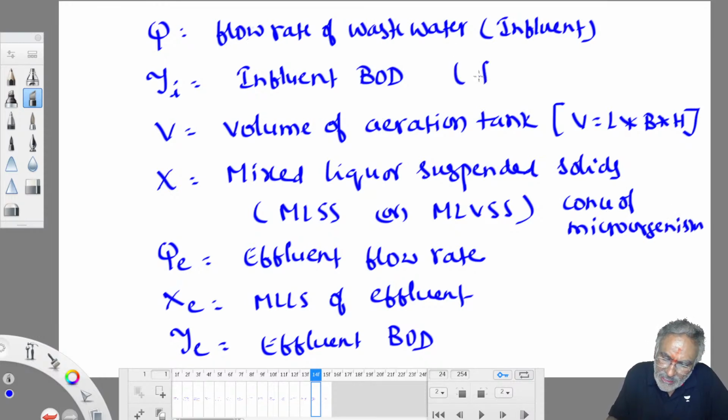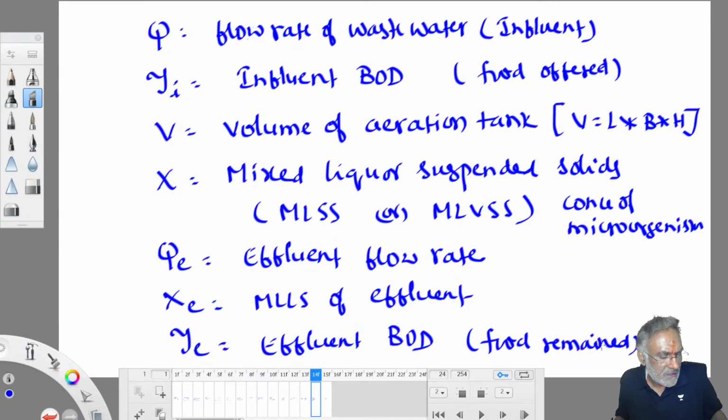Influent BOD is nothing but food offered, right? This is food remained. Understood? Food offered is Yi. Food remained in the waste is Y. Still some amount of food. See now, when your mom serves food to you, you can't eat each and every food grain.